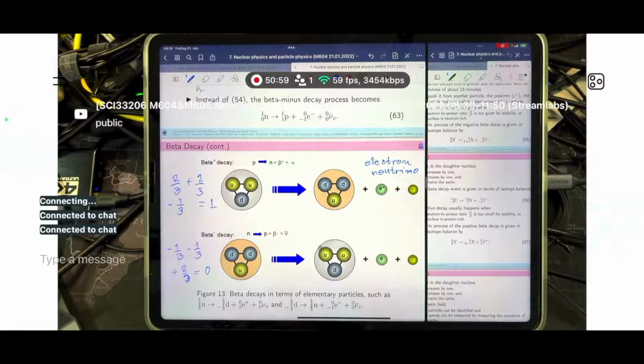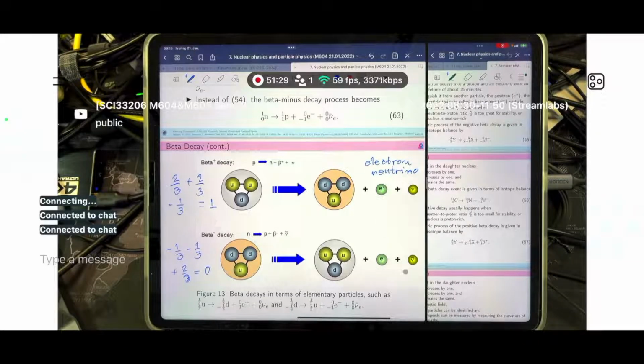Neutron turns to be proton, and one down quark turns to be an up quark, and we get proton. And during this emission, the electron is emitted. Okay, so that the whole process still remains neutralized. Neutron has no charge, and this one has plus, so that's why we get an electron as the outcome.